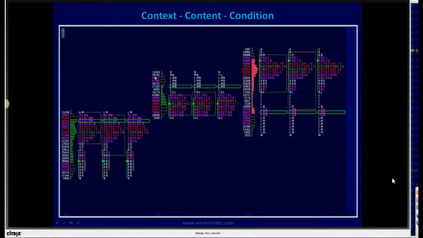So I have 3 different views which allow me to make a more informed decision. I also have a volume profile right here, and I have the cumulative volume at price right here. These are just some of the things that we believe are important to the trader to be able to determine what fits their methodology, their style, etc.